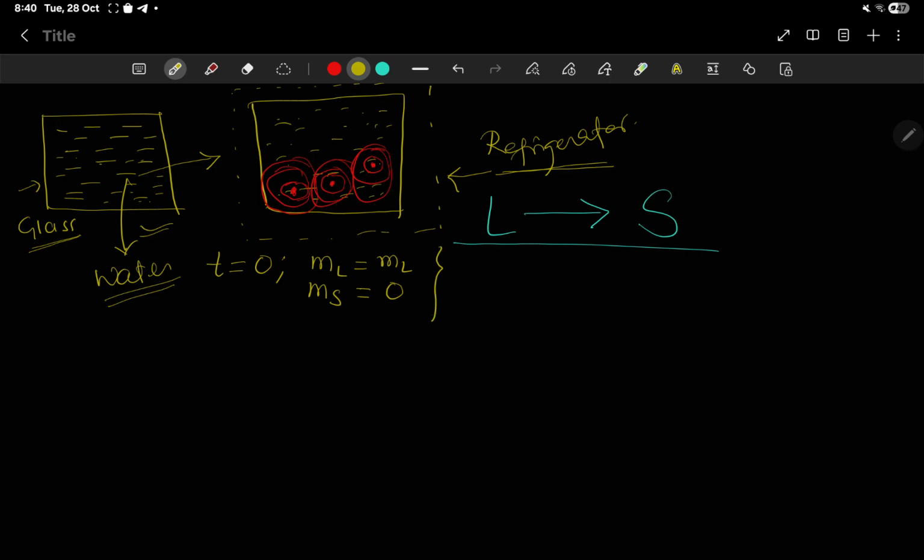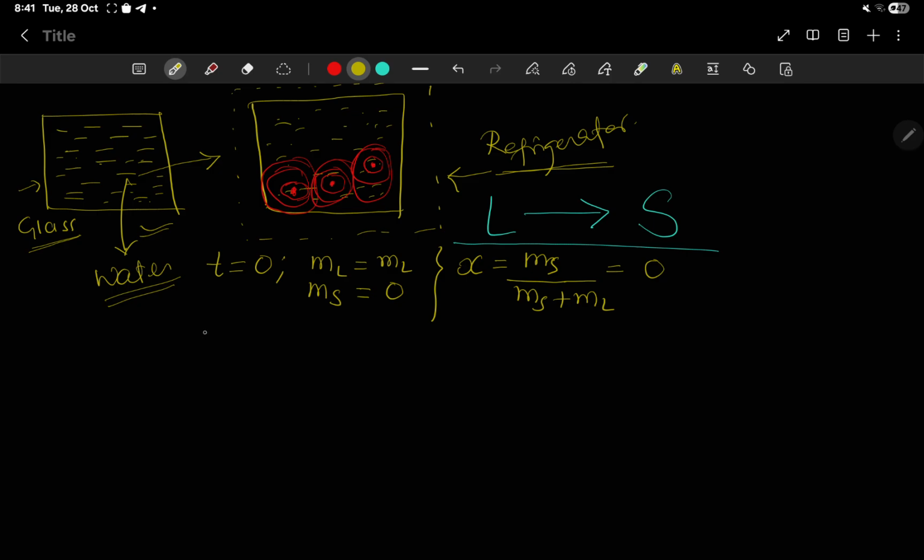And let's define one factor that is called x. This is mass of solid upon mass of solid plus mass of liquid, as we have discussed in dryness fraction. Okay, so can you tell me what will be the value of x at t equals to 0? This will be 0, right?